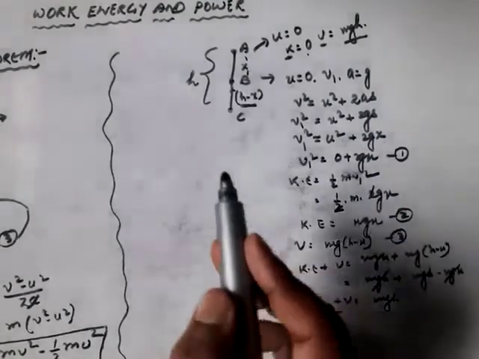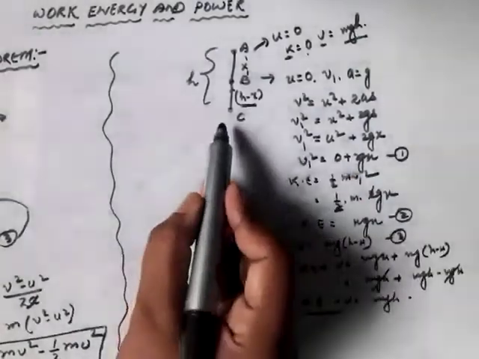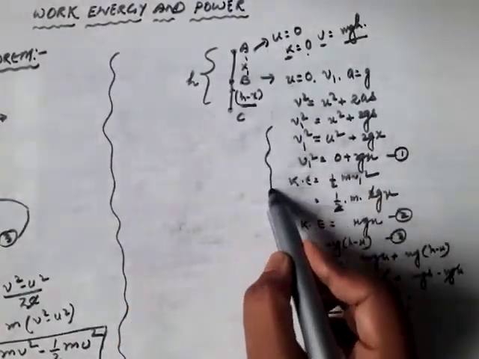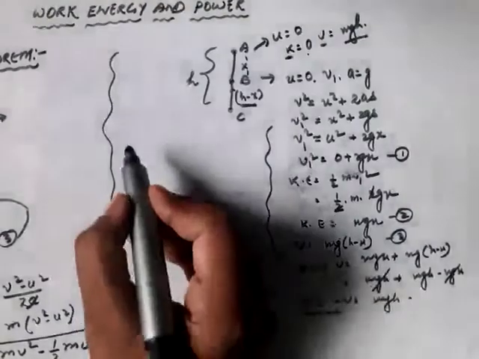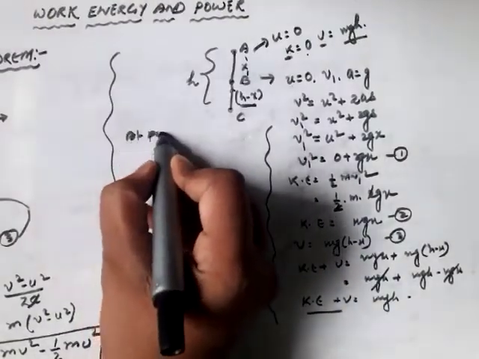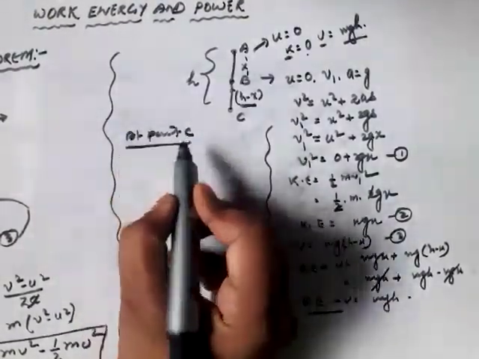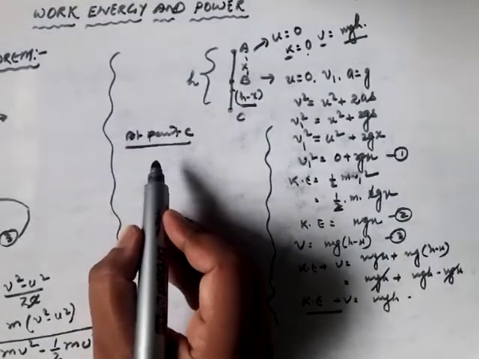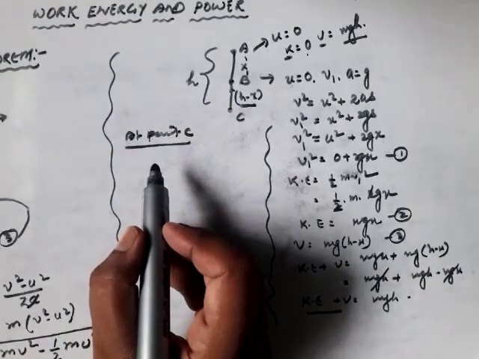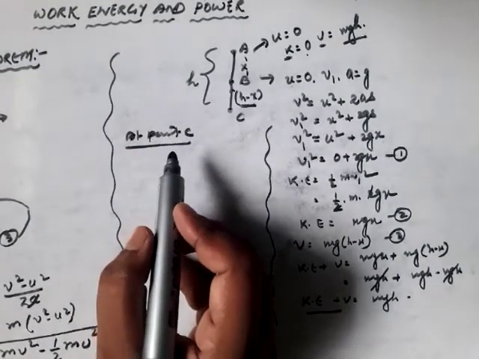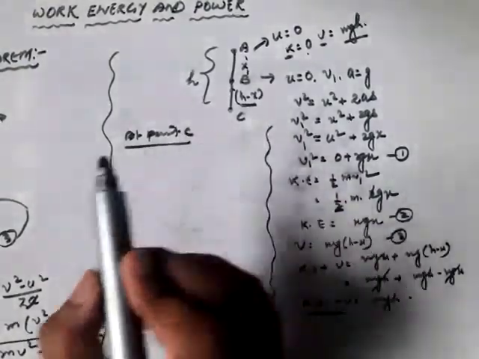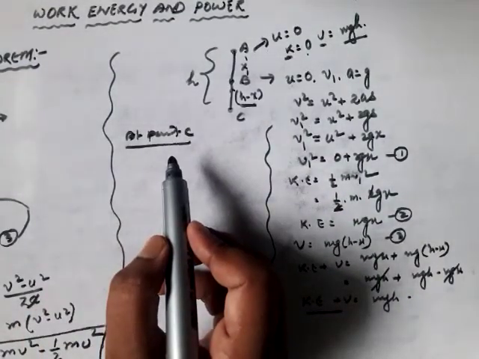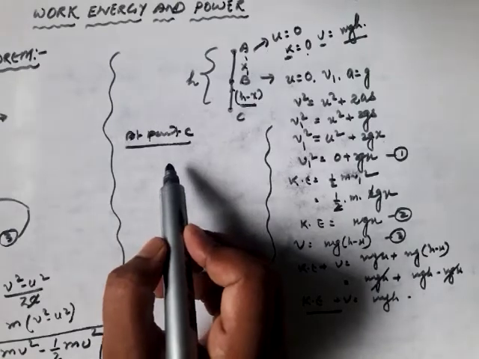But if we consider point C, suppose here is a point C on the ground, the velocity acquired by the body on reaching the ground is v.